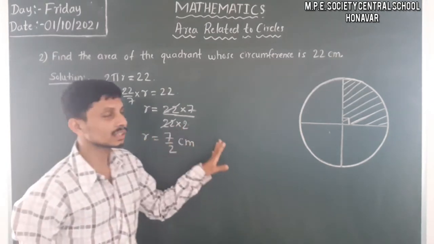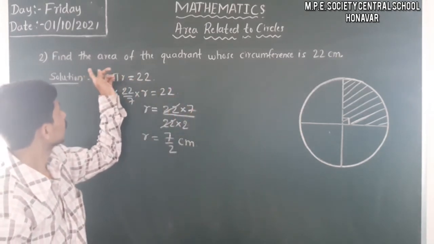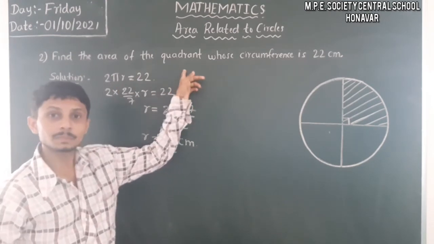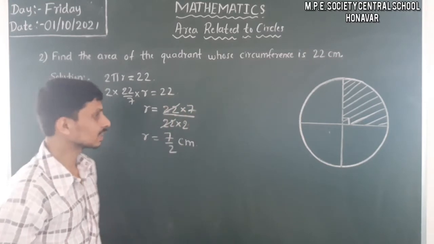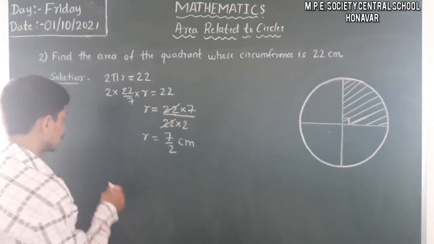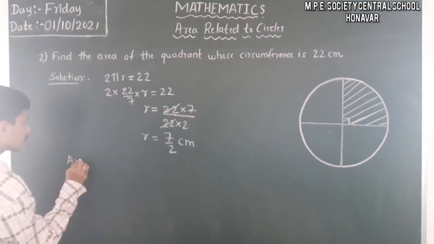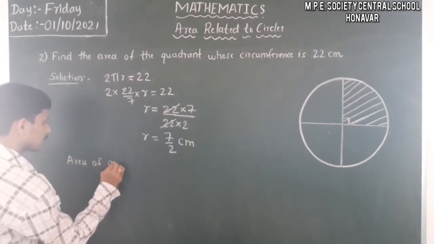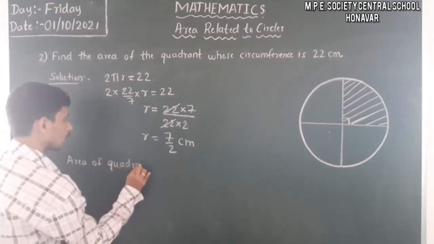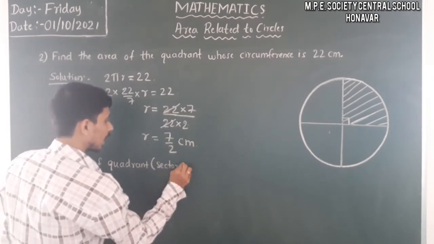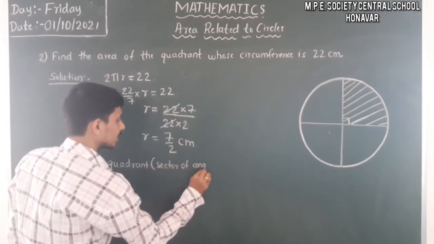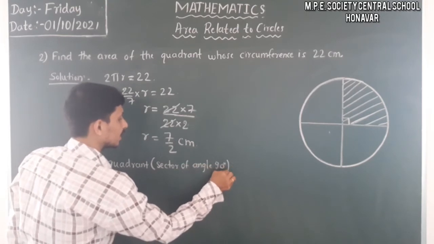Once you have got the radius, then you can find out the area of the quadrant. This is nothing but a sector having an angle of 90 degree. Area of quadrant: a quadrant is nothing but a sector of angle 90 degree.